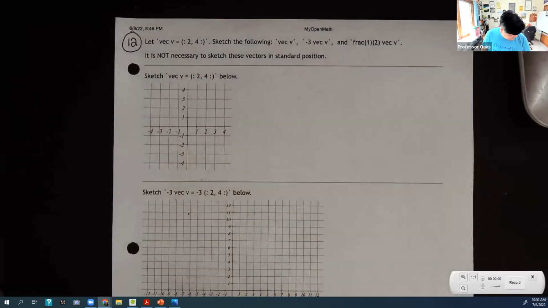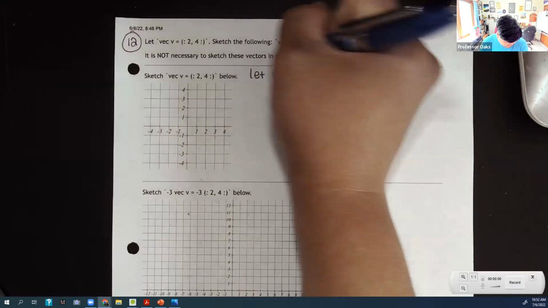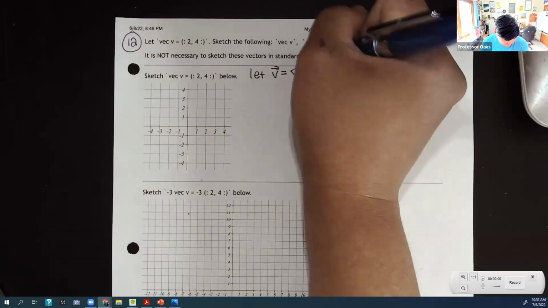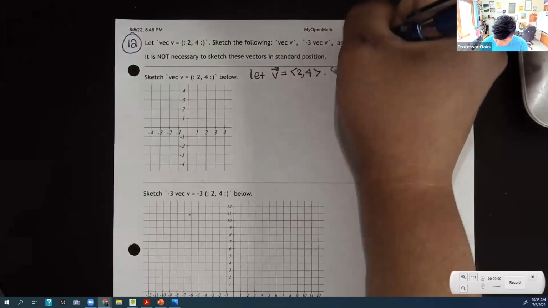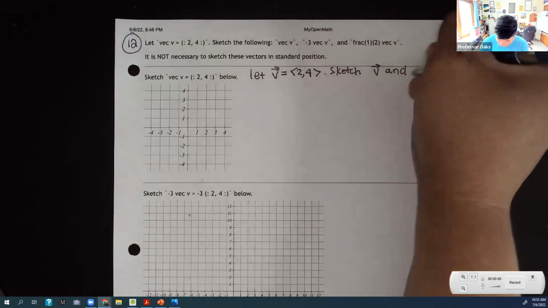These are written a little bit oddly because of the way that my computer printed them out. I still don't know why it printed it out this way, but this is saying if you let the vector v be 2, 4, then sketch the v and then 1/2 v.